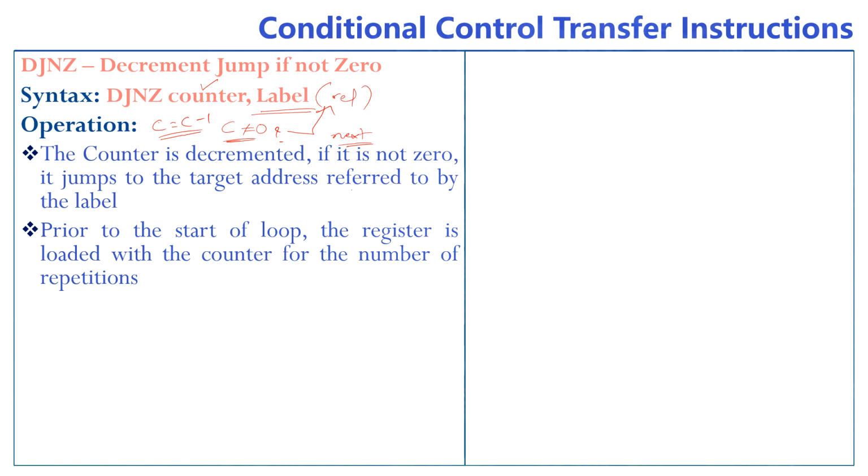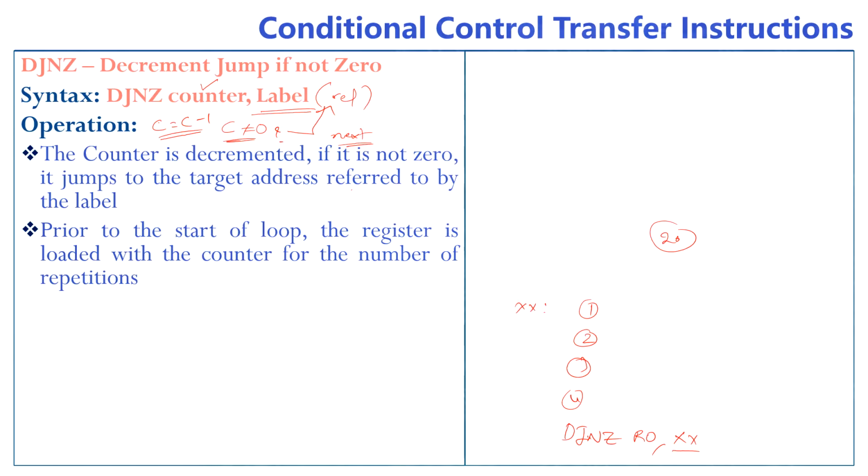The application of the DJNZ instruction is for a set of instructions. Suppose, for example, the first, second, third and fourth instructions are there, and I need to repeat these 4 instructions 20 number of times. Then I need to write the DJNZ instruction with R0, XX. This XX goes to here, because I need to repeat from here.